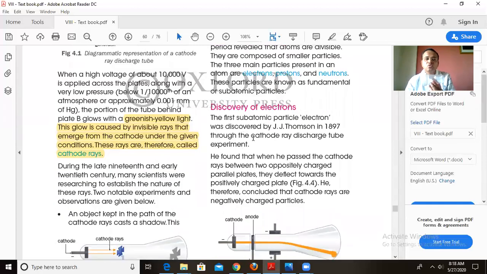Now the scientists started studying these cathode rays, and they came upon a few observations.